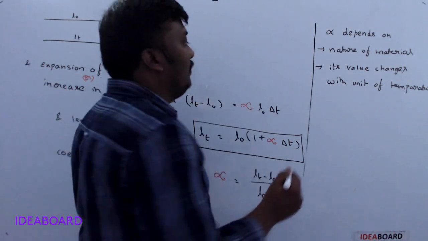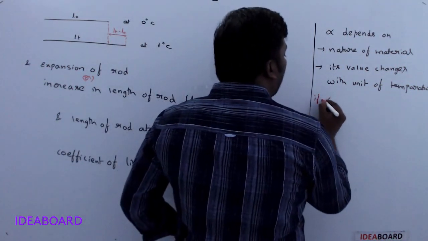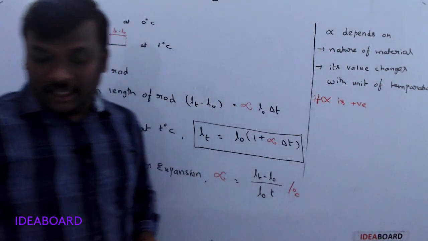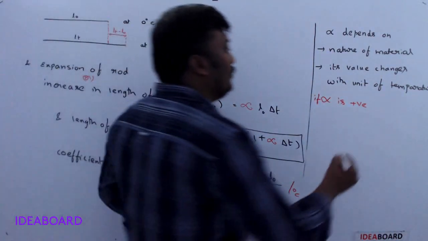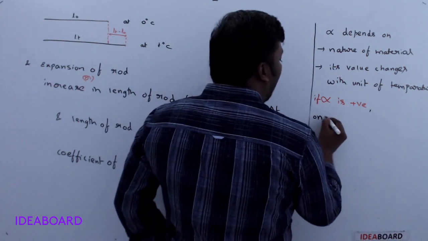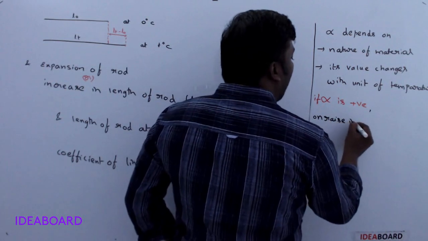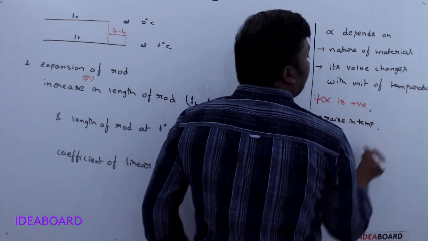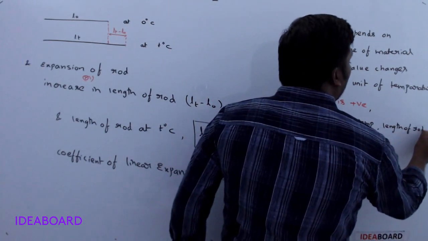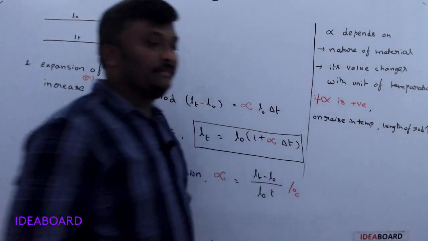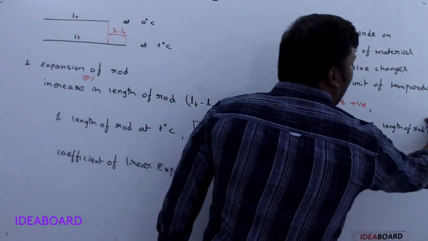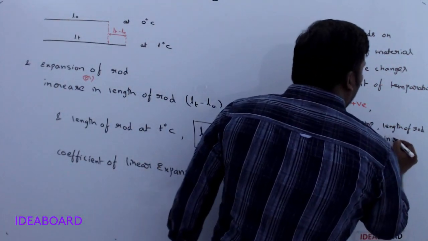Now, if alpha is positive, what does that mean? It means that on rise in temperature, the length of the rod increases.